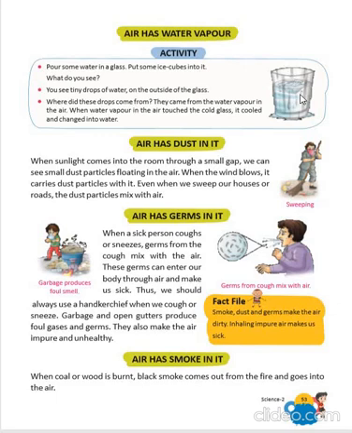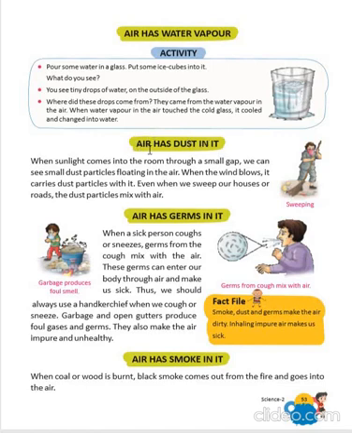We see tiny drops of water on the outside of the glass. Now from where these drops come from? They come from the water vapor in the air. When water vapor in the air touched the cold glass, it cooled and changed into water.